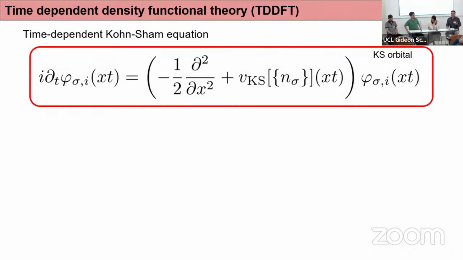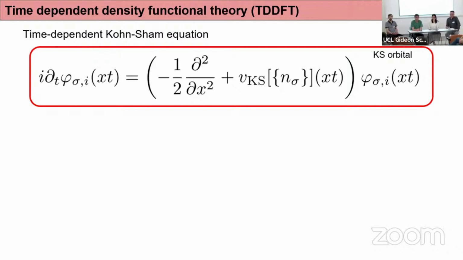Well, then the last method that I want to briefly comment on, because it has also already been introduced, is the solution of the time-dependent Kohn-Sham equations in the framework of time-dependent density functional theory.